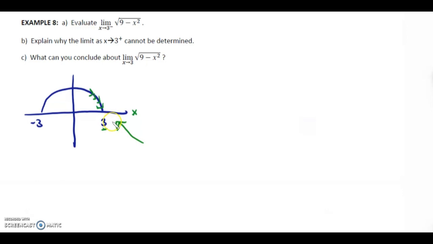Because we're only coming in from the one way, the limit actually does not exist. Or sorry, no, the limit as x approaches 3 from the negative side does exist. It is going to be 0, because the general limit as x approaches 3 is not going to exist, but because we're just considering the one-sided limit, it does exist. So let's talk about B.